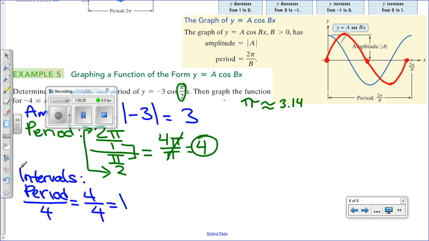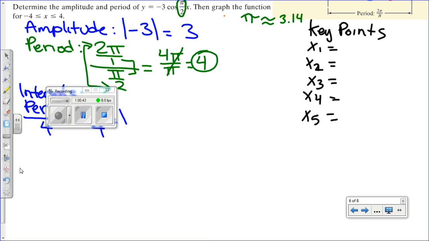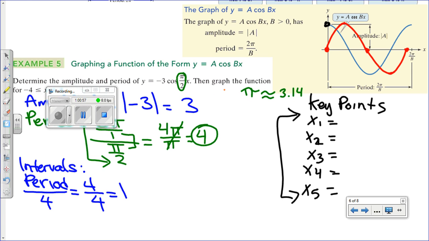Now, speaking about key points, x1 and x5, if there is no reflection, will be the maximum values, just like the parent function.